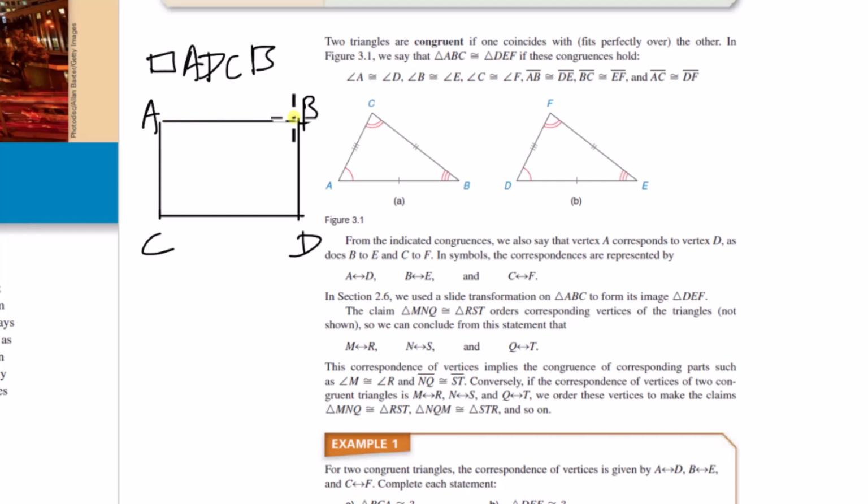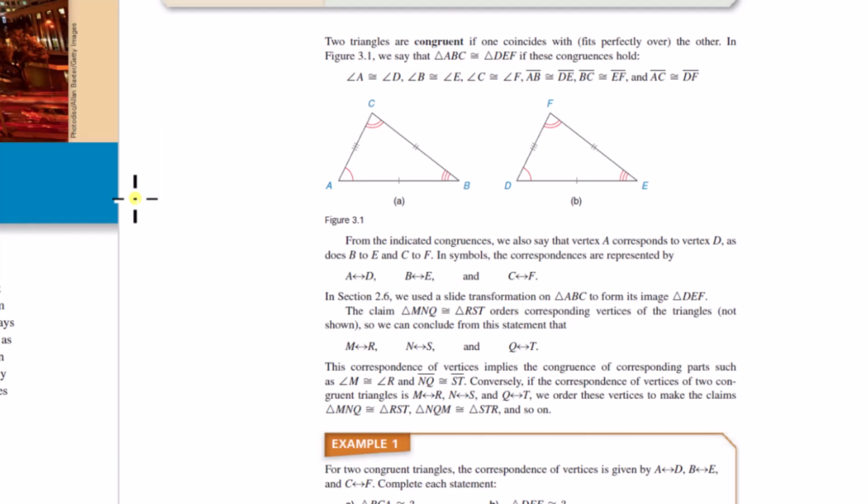No, you have to go in order, right? You can't just arbitrarily name figures. And this is one of the reasons why, because we use the names of figures to indicate which features correspond to which in the case of congruent figures.